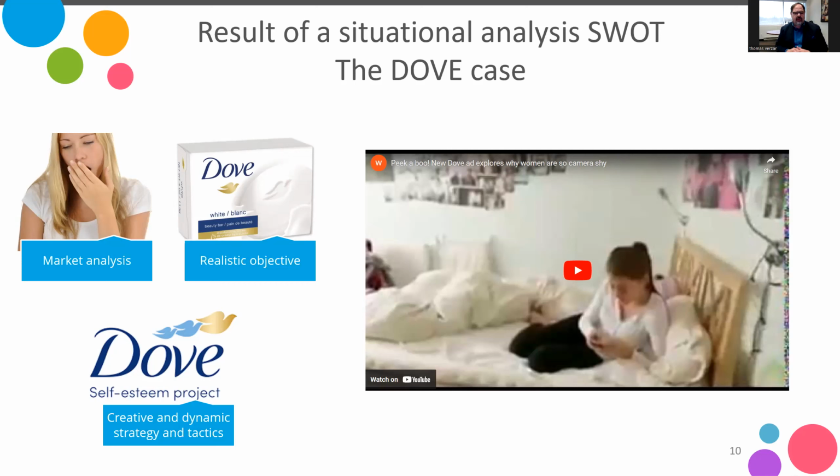Women in their 20s do not necessarily want to be associated with an older brand or the products that their mother uses. So, of course, you can understand that if the problem for Dove was that their brand was seen as an older product, they had to rejuvenate it, make it younger. Then the question is how.